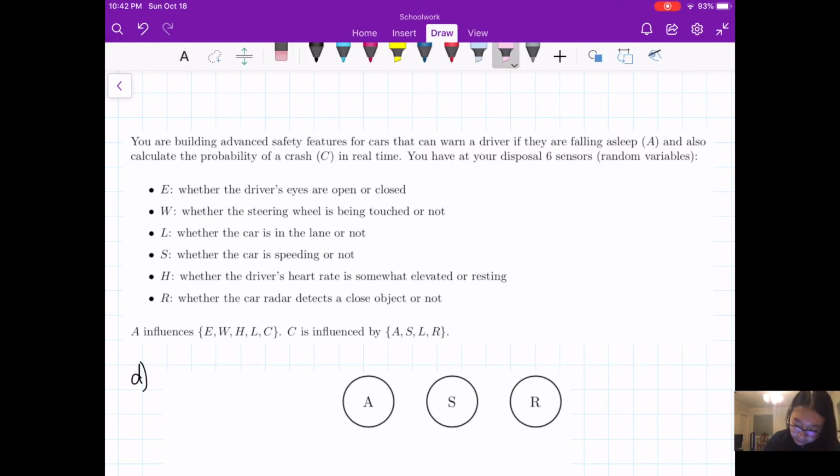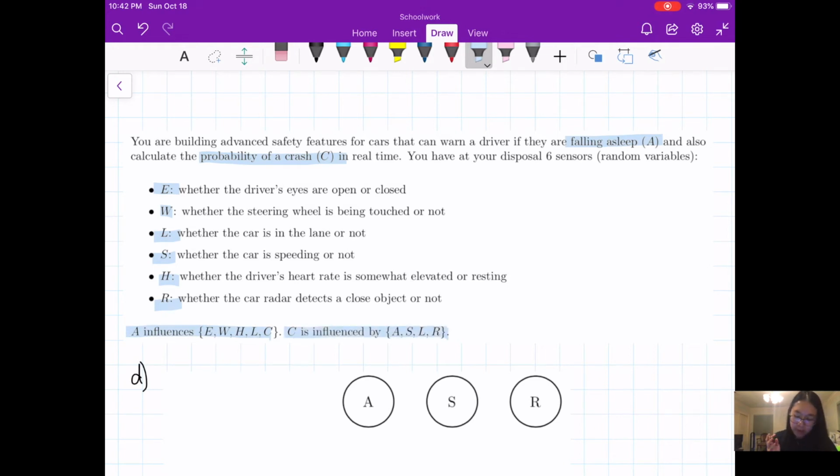Specifically, we're building advanced safety features for a car to see if the driver is falling asleep and to calculate the probability of a crash. You have these 6 sensors, E, W, L, S, H, and R, and there's a description for each. A is influenced by these 5 variables, and C is influenced by these 4 variables.